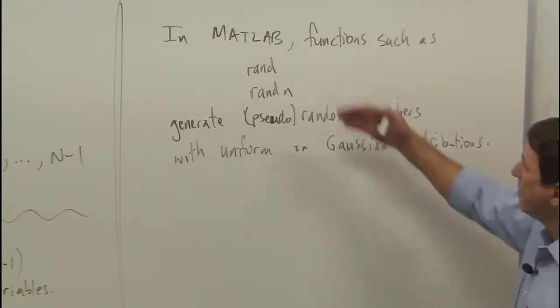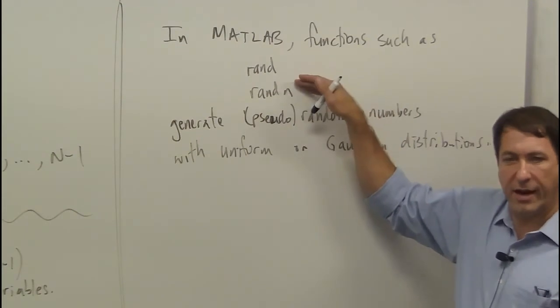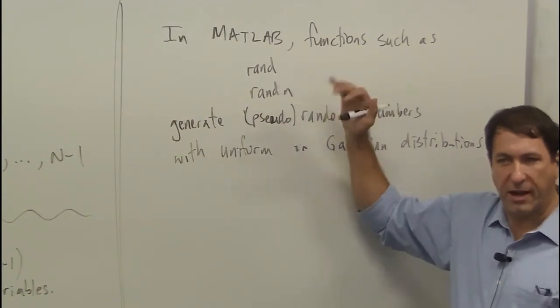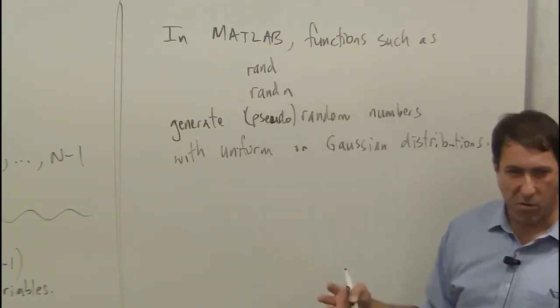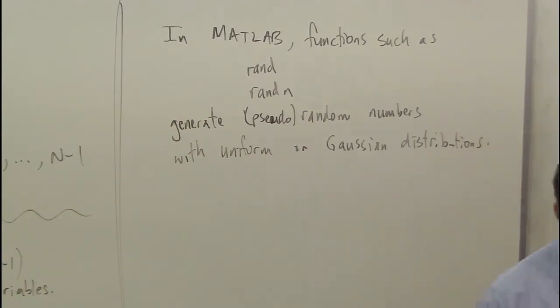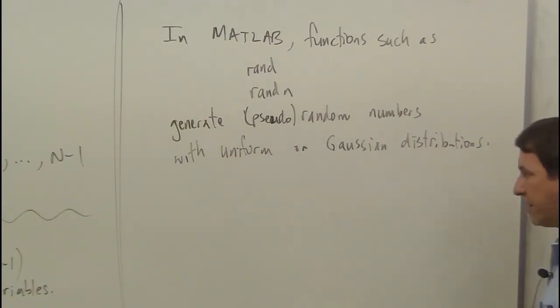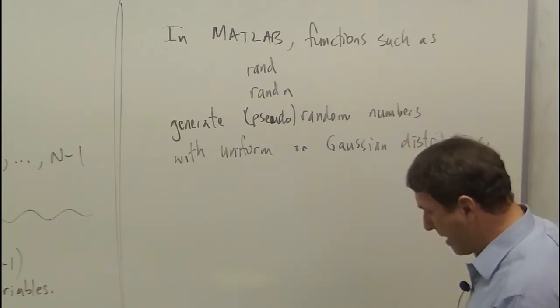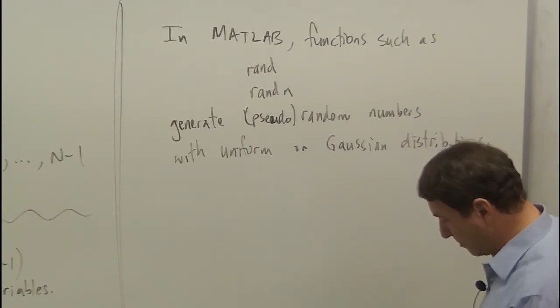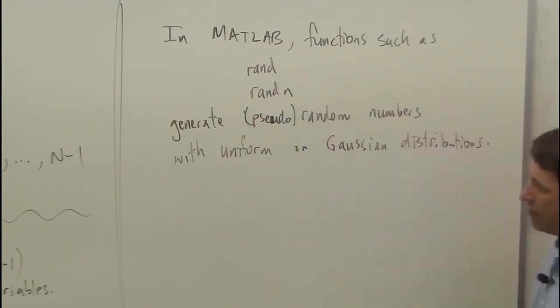So if I have a uniform random number, or a Gaussian random number, then I can use MATLAB in a pretty straightforward way to generate it. If I have a random variable with a different distribution, I can take the inverse of the CDF to get back to the random values, in those cases with a little bit more effort.